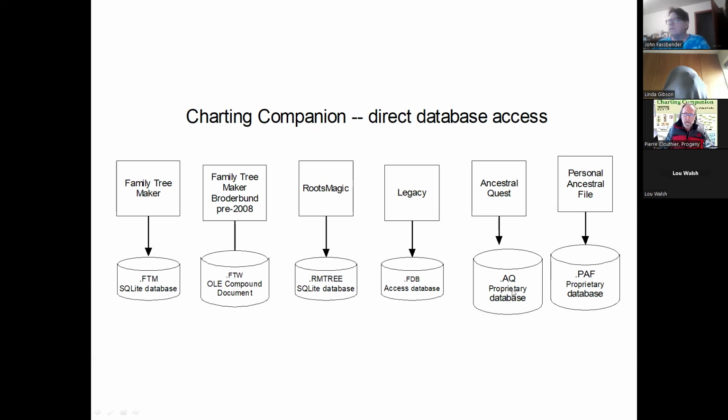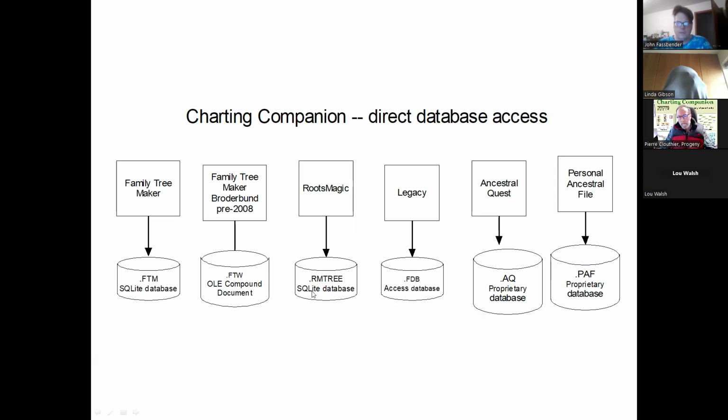And Ancestral Quest is based on PAF, so they use the same proprietary database. Legacy uses Microsoft Access as a data format. RootsMagic, originally they used something called CodeBase, which was an xBase FoxPro clone, but they switched to SQLite a few years ago with RootsMagic 6.